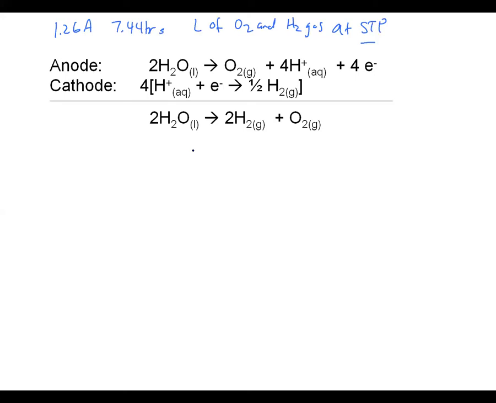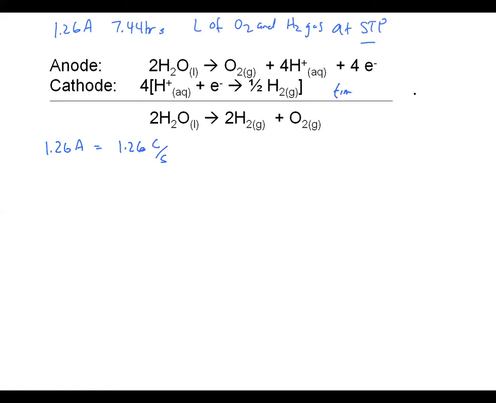So these problems start very similar, a lot of them. We're going to take our amperage, which is the current that we're running it at. And remember that an amp is also a coulomb over a second. So that's a good little conversion there. As we talked about earlier, we need to cancel out the seconds. So when we look at our time, we're at 7.44 hours.